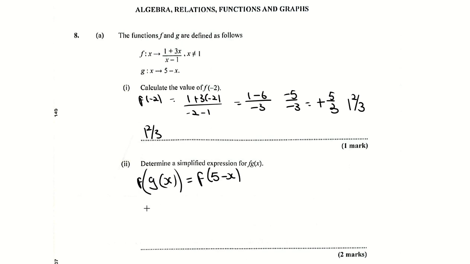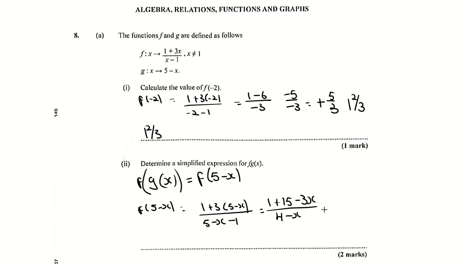So f of 5 minus x will be 1 plus 3 by 5 minus x over 5 minus x minus 1. Let's reduce this. This is going to be 1 plus 5 3s are 15 minus 3x over 5 minus x minus 1, that's 4 minus x.